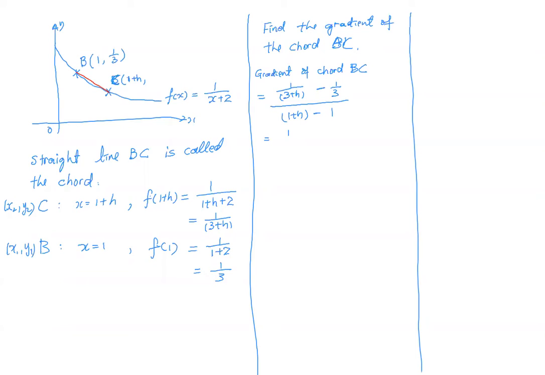Still remember, I taught you this. You can either write it this way, or if you prefer, you can also write it the other way, depending on your preference. For me, I prefer to write it this way.